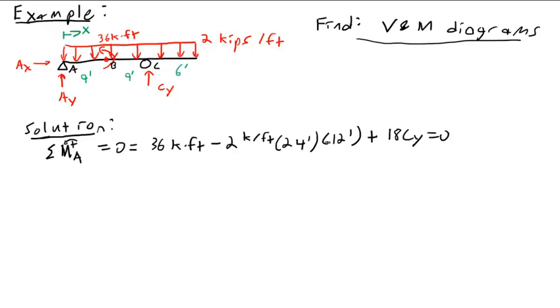This whole expression here with the 2 kips per foot is the moment about A generated by this distributed load. First we're finding the total load, which is 24 feet times 2 kips per foot. That's the total value of all of this put together. And then the equivalent distance from A, which is 12 feet.